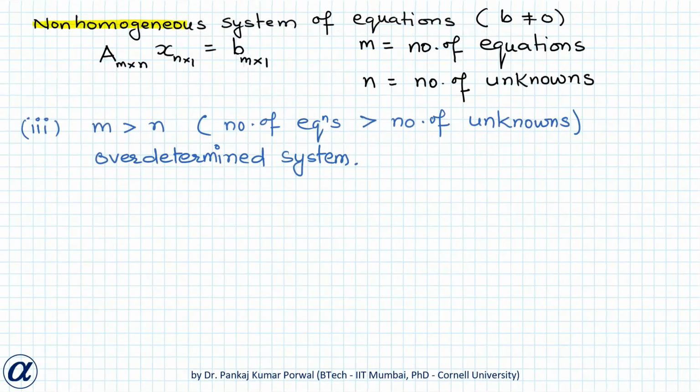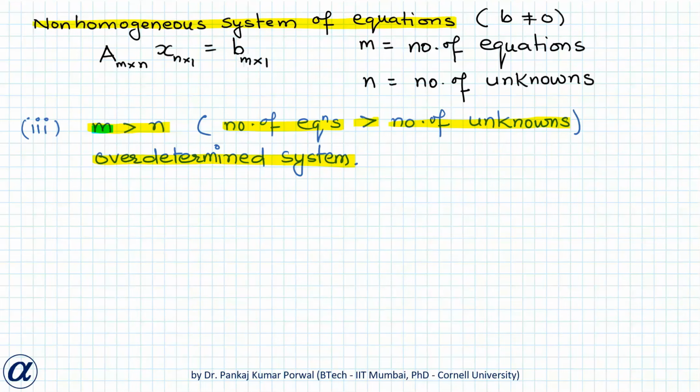The third case for non-homogeneous system of equations is when m is greater than n, that is the number of equations is greater than the number of unknowns. Such a system is called an overdetermined system. Here note that all m equations may not be linearly independent, and we will see how to find the number of linearly independent equations in the given equations.